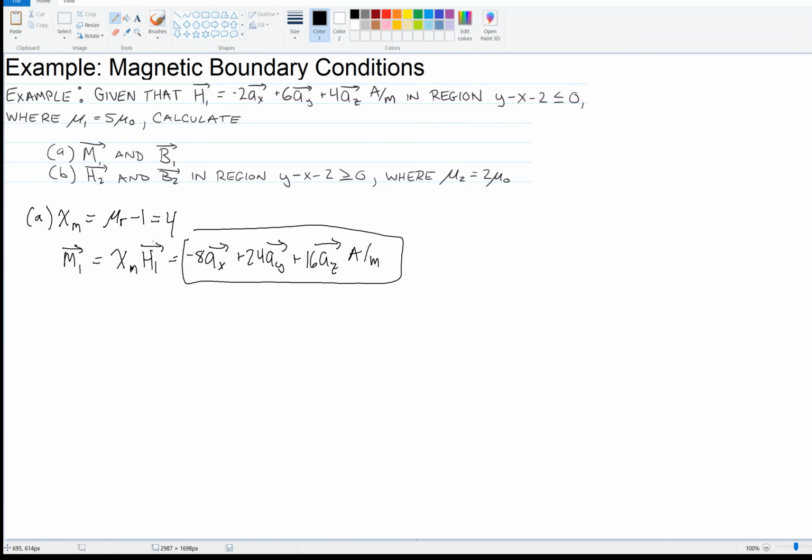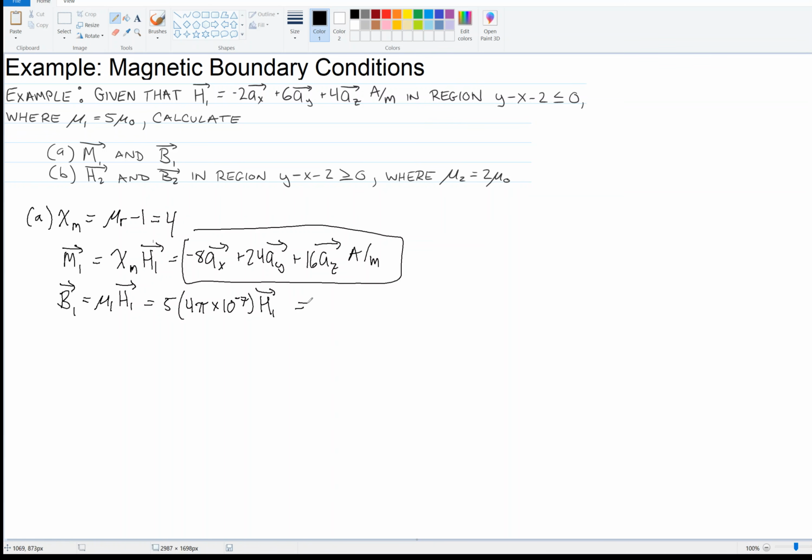Then we're looking for the flux density in that same region, region 1. And so that is the permeability in region 1 times the field in region 1. All right, so then I just carry out this multiplication. So mu 1 is 5 times mu 0, the permeability of free space. So that would be 5 times 4 pi times 10 to the minus 7th, and then times H1, right?